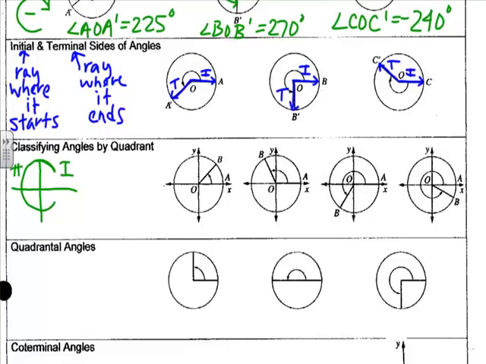And soon it's going to matter to us what quadrant an angle is in. So this is something you want to definitely become comfortable with. So if we look at this particular angle, hopefully it's clear to you: quadrant 1. Look at this angle, quadrant 2, quadrant 3, and then this guy wraps around to quadrant 4. So that's pretty easy, hopefully.